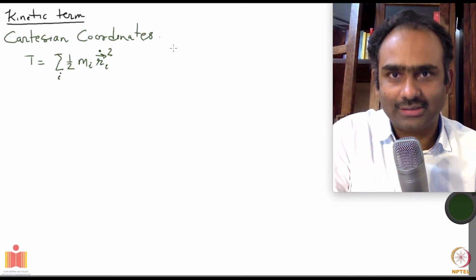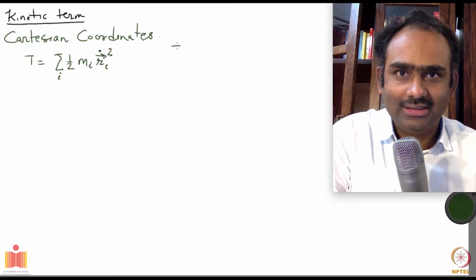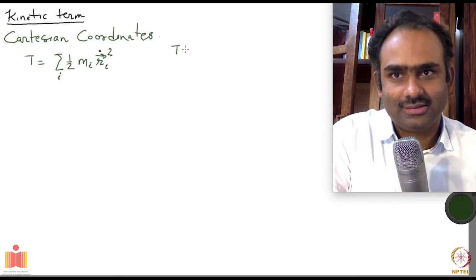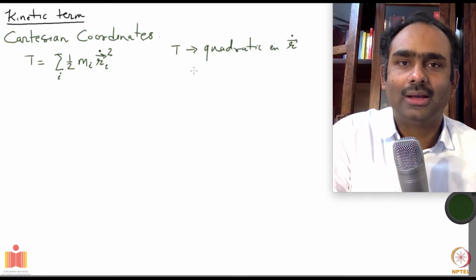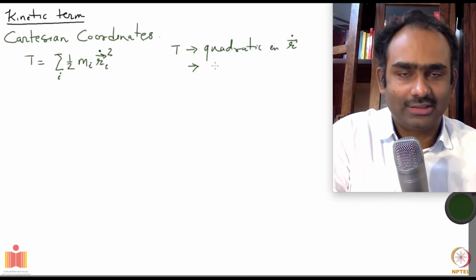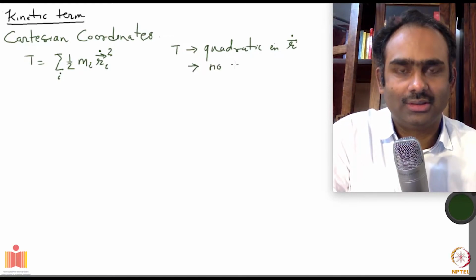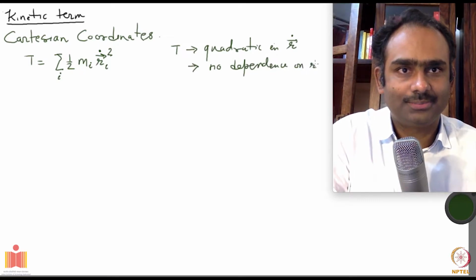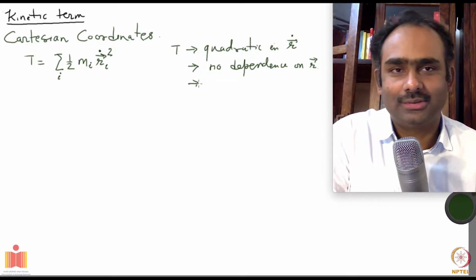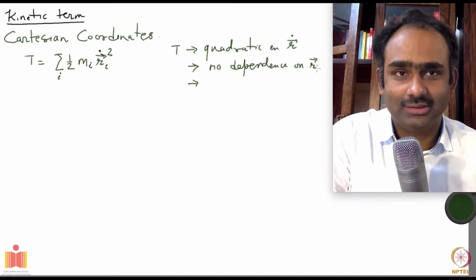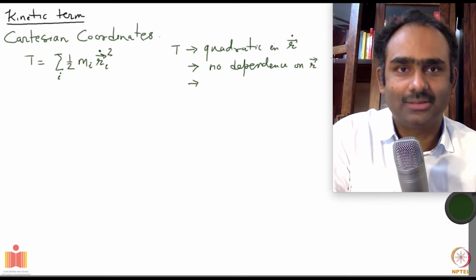So when you are using Cartesian coordinates, T is quadratic in r dots. Note that there is no dependence on r. For example, there could have been an r squared dependence, which is absent.